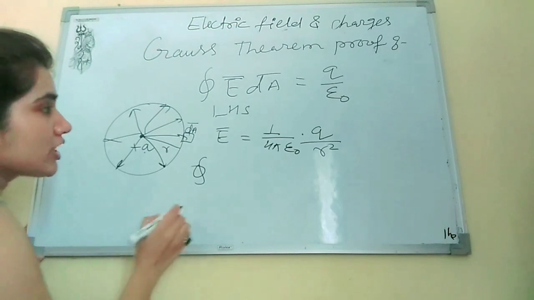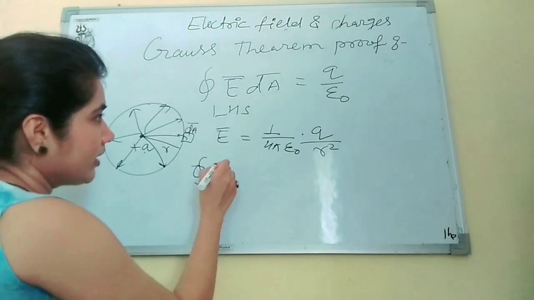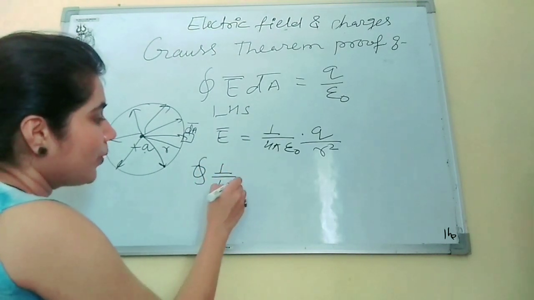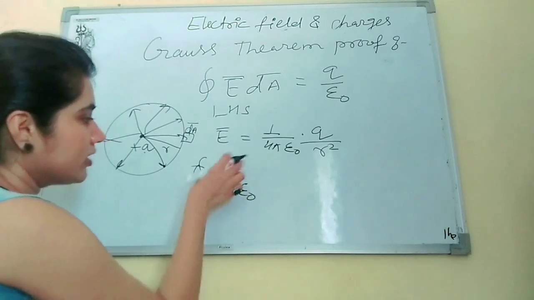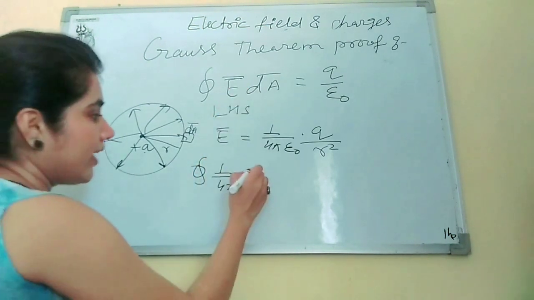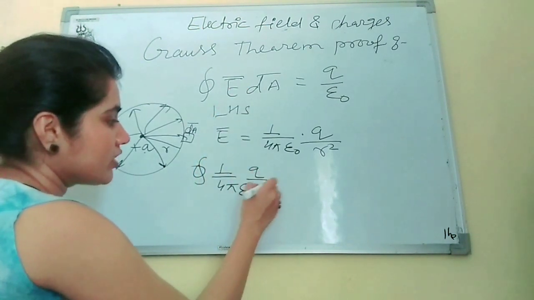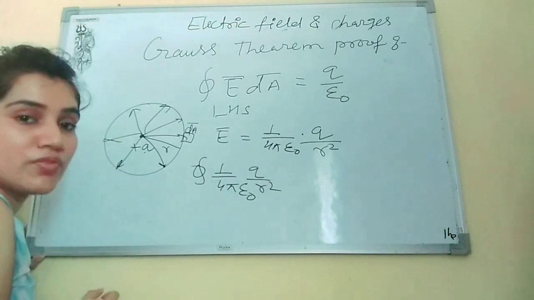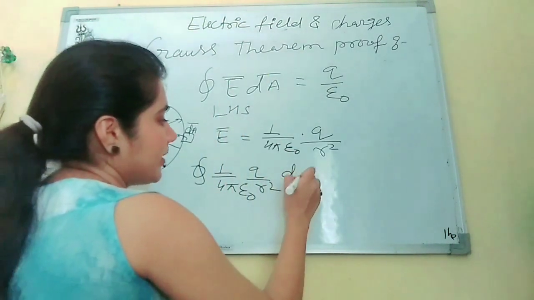We simply put this expression for E: 1 by 4 pi epsilon naught times Q upon R square. The whole expression is for E, and this is dA.